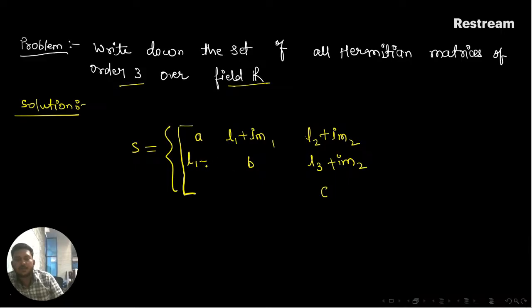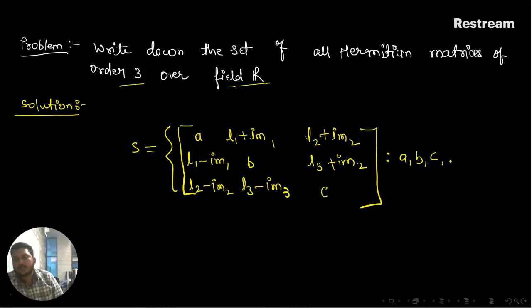So L1 minus iota M1 type entry, and next is minus iota M2 type entry, and here is L3 minus iota M3 type entry, and all possible values A, B, C, and L1, L2, L3, M1, M2, M3 belong to R. So this is the basic solution for the above problem.